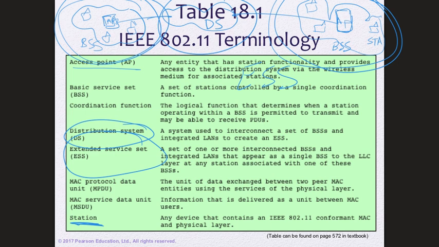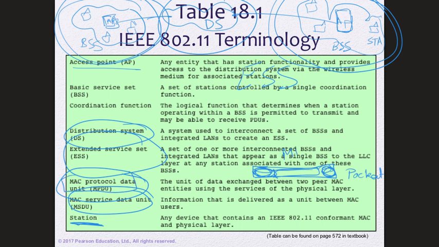We have two other important things, the MAC protocol data unit and the MAC service data unit. And the difference between those, remember I told you that we want to arrange our bits into chunks. We call them packets, right? So that chunk that includes the information that you want to send, plus some extra things called headers added to that, this whole thing is called a MAC protocol data unit.